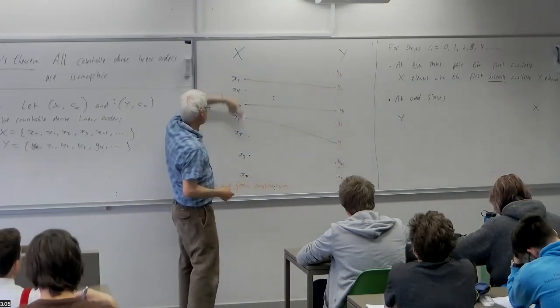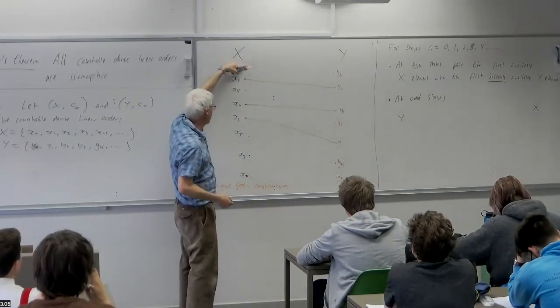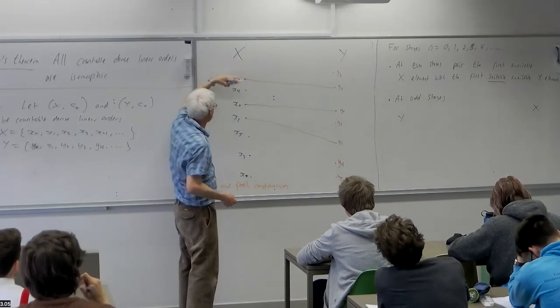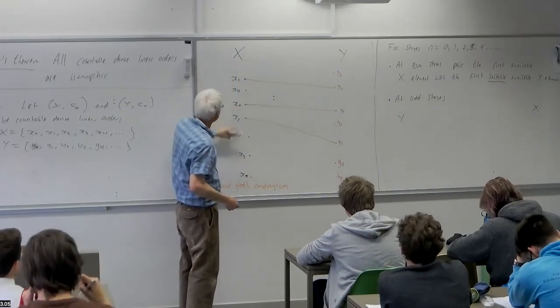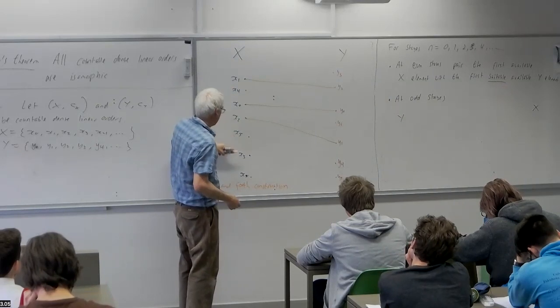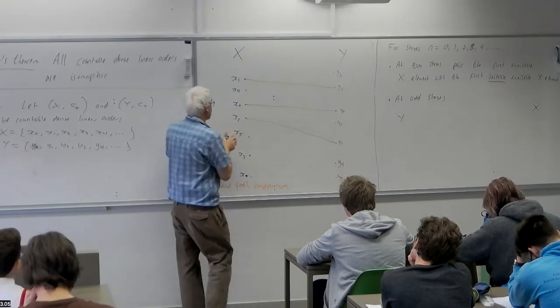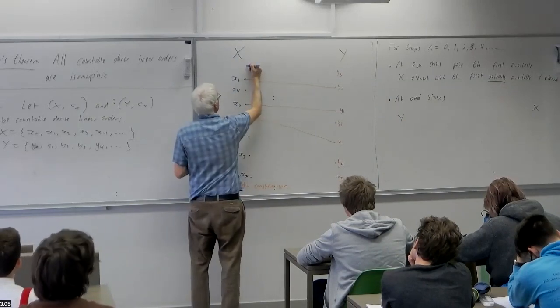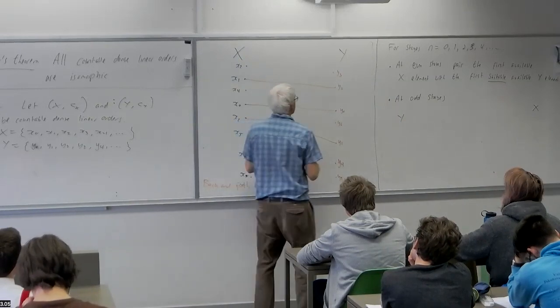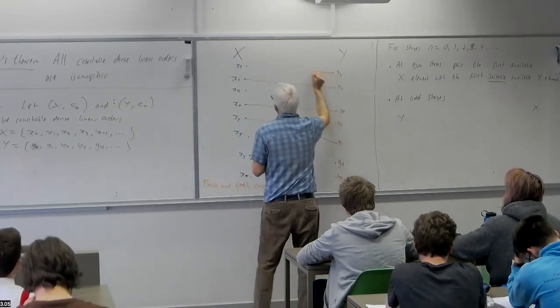This order doesn't have an endpoint, so there must be some elements up here. It's not X3, X4, X5, or X6, because X6 happens to be somewhere down here. So actually the first suitable element in this case turns out to be X7, and that gets paired to this.